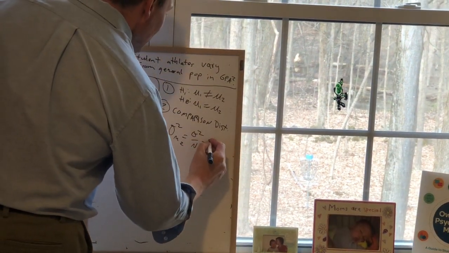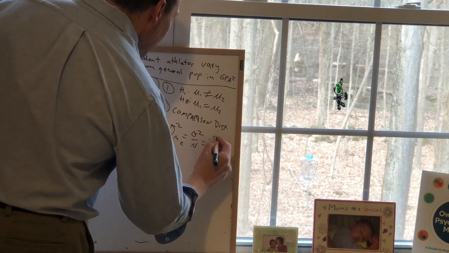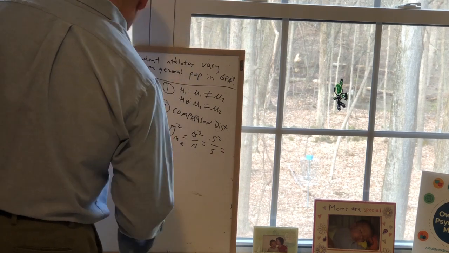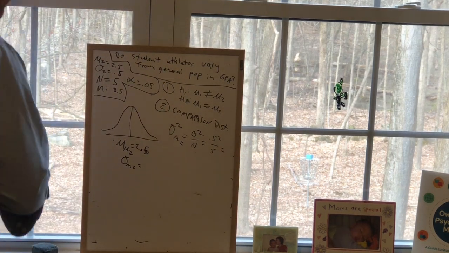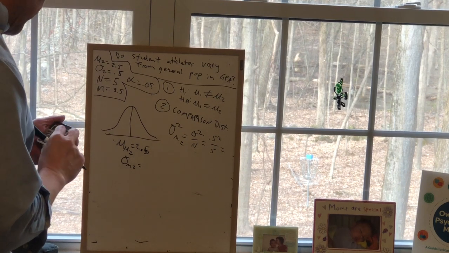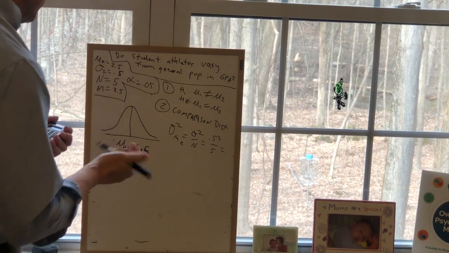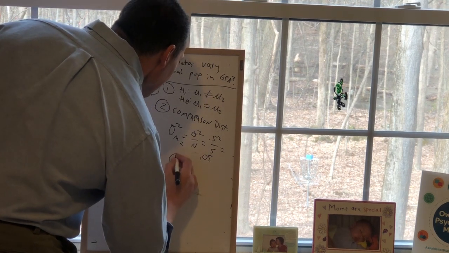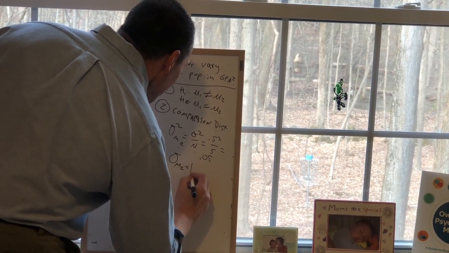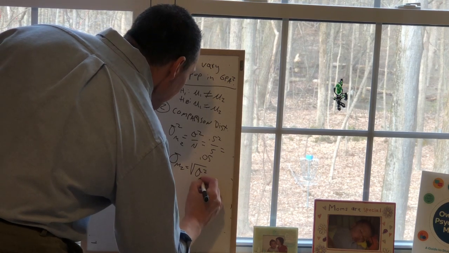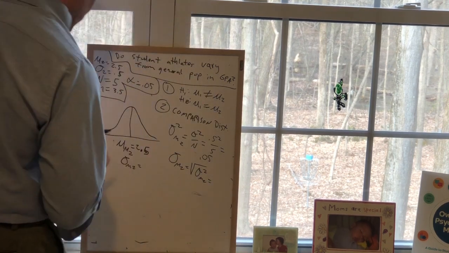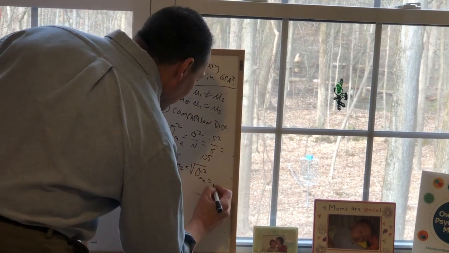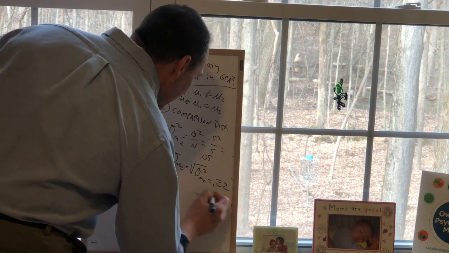That's 0.5 squared over 5, which is 0.25 divided by 5, which is 0.05. And then sigma sub m sub 2 is the square root of sigma squared sub m sub 2, the square root of 0.05, which is 0.22, which you might recall, I believe we calculated that same number before.